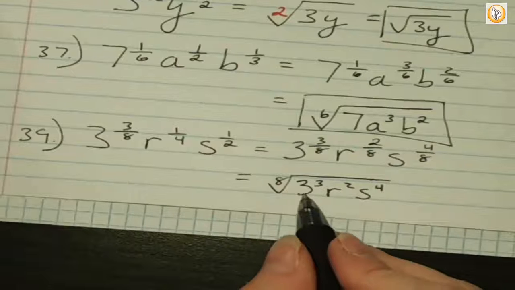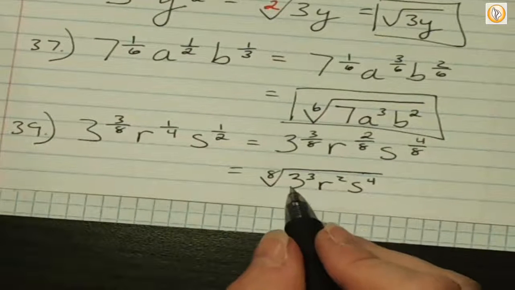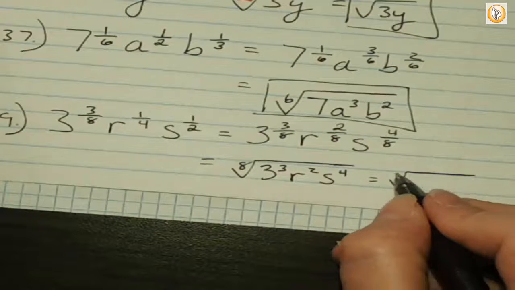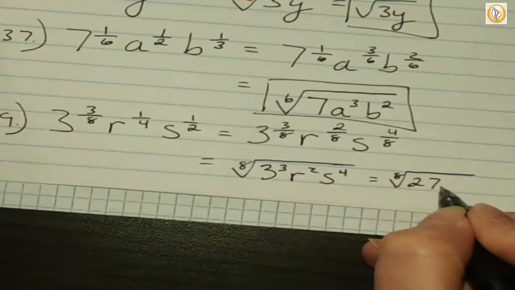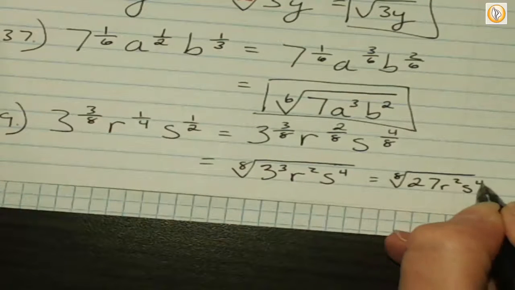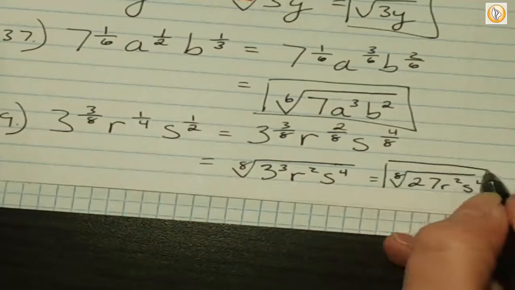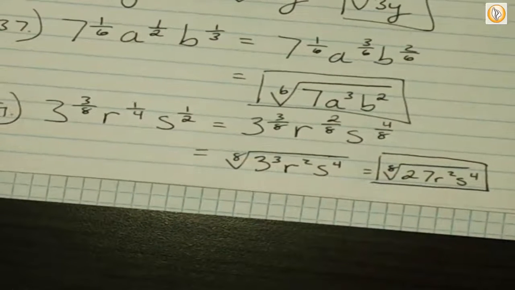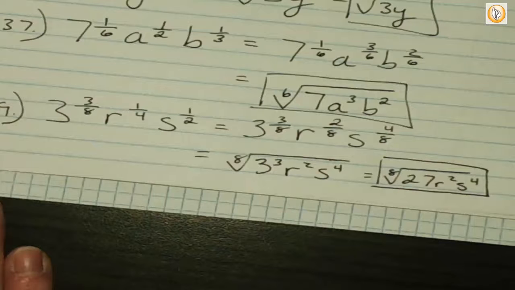Now, I can't leave the 3 to the power 3. What's 3 to the power 3, Taylor? So I write 27 r squared s4. You have to simplify it. Any questions? I'm trying to say least common multiple.